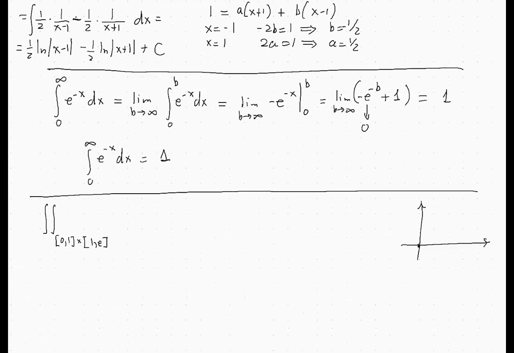On the y-axis, we go from 1 to something like e. And pretty much what you do is you form this rectangle. This is exactly the set which is denoted this way. And you want to compute the integral of 3x squared plus 2x ln y.